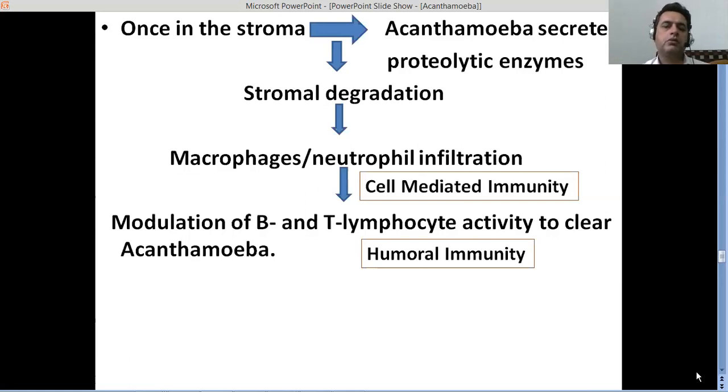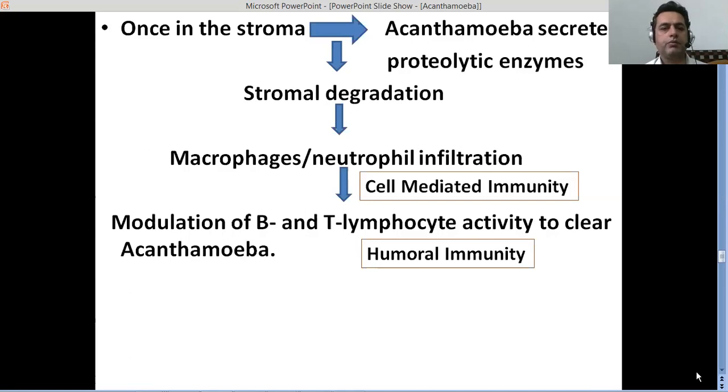And we also would discuss this parasite's involvement in other aspects, like the microbial communities which are affected by this parasite in the environment, because it is feeding on different bacterial species and other fungal species and other parasites as well.